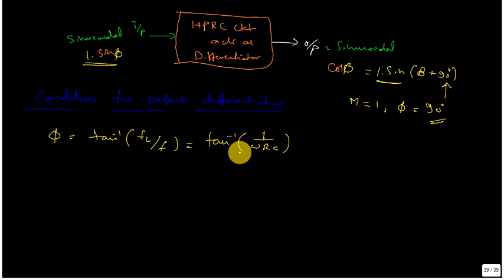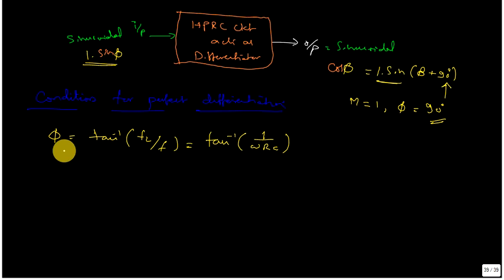For a perfect differentiator it must be 90 degrees. So you must choose the relation between RC and omega such that theta equals 90 degrees. Then it acts as a perfect differentiator.